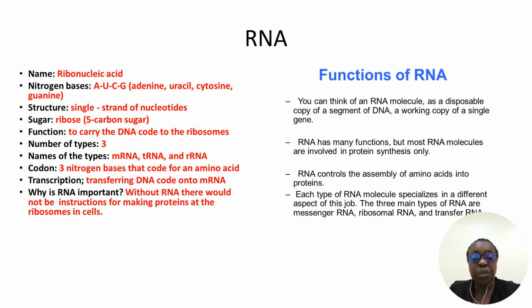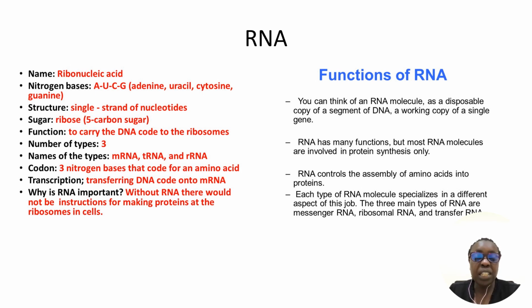Finally, we have the ribonucleic acids. RNA refers to ribonucleic acid, and the bases that we find here are adenine, uracil, cytosine, and guanine. Here we don't have thymine. Unlike DNA, ribonucleic acids are usually single-stranded, and they contain the sugar ribose.